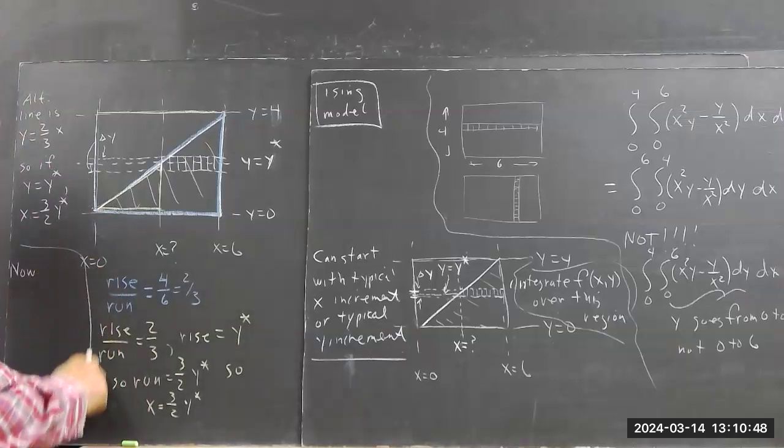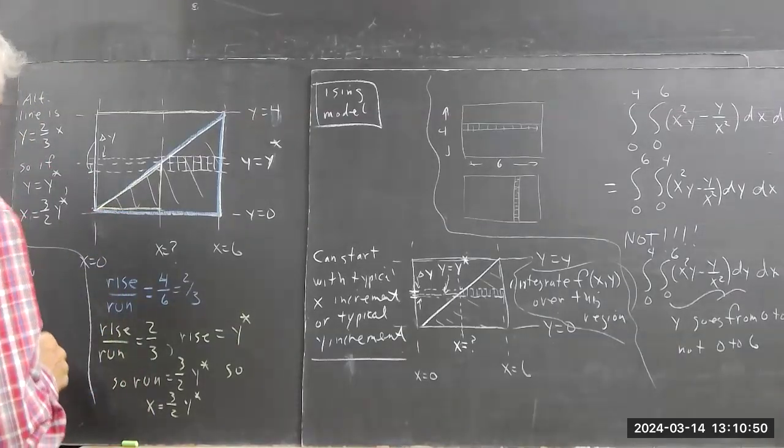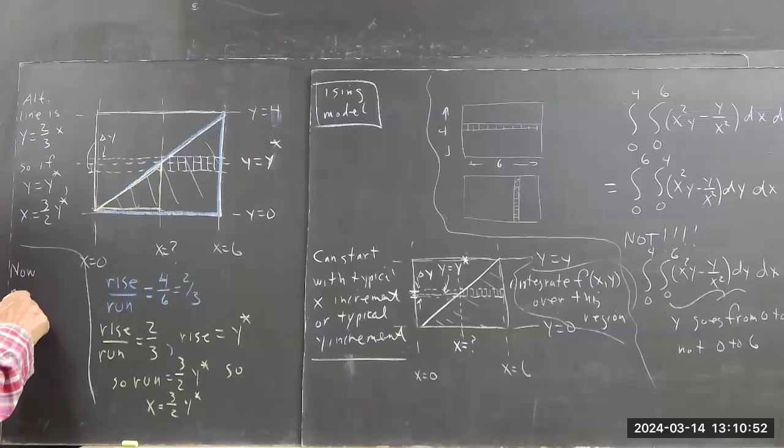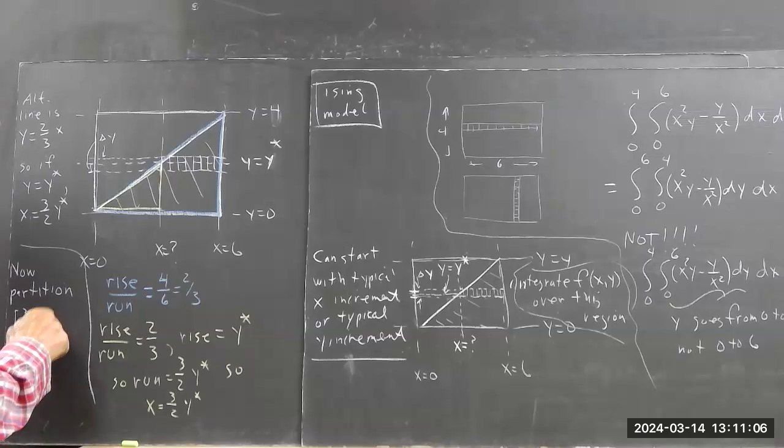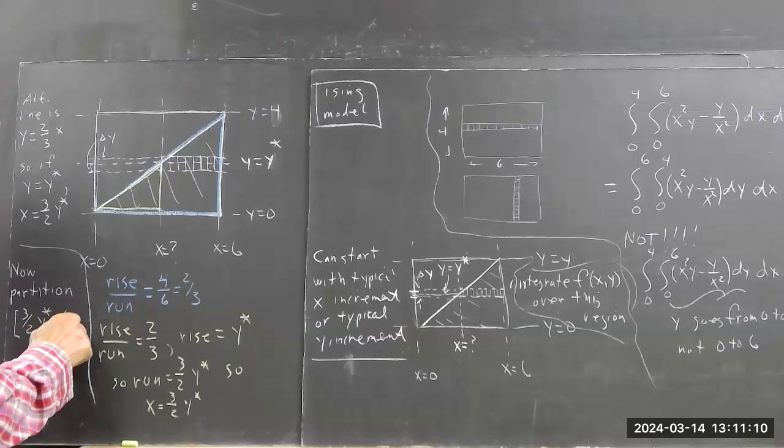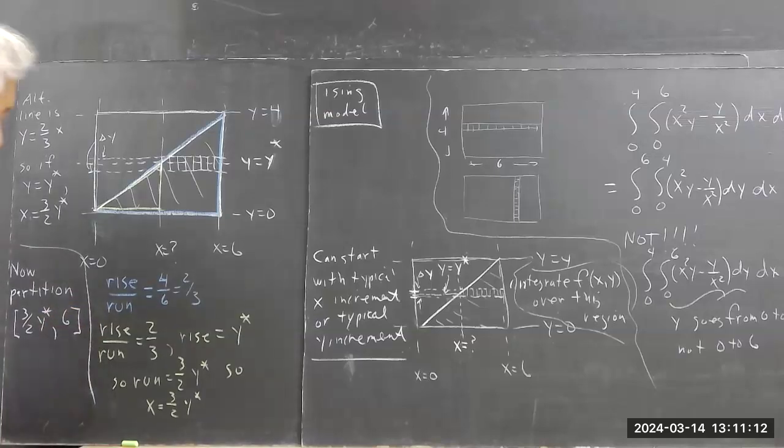So now partition the interval. We have y star to 6. Okay.